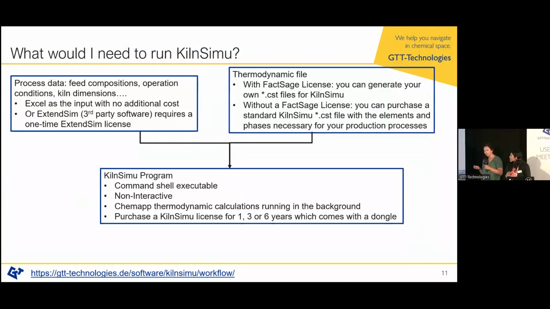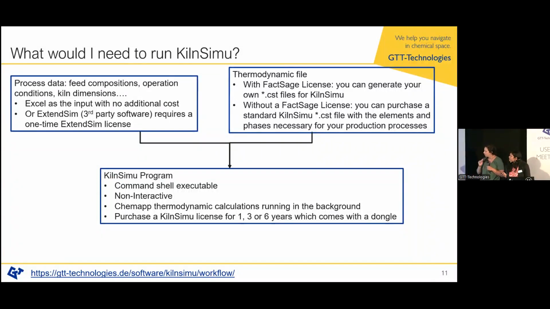The positive of purchasing just a CST file for KilnSimu is it's a bit cheaper, but if you change at any time what you want to put into your kiln, you have to come back to us and purchase a new CST file. If you have a FactSage license, you can adjust your CST file to whatever you're calculating at that moment. Also, the smaller CST files run a bit faster, so you can slim it down to exactly what you're looking at and not have to have a bigger one to look at everything.